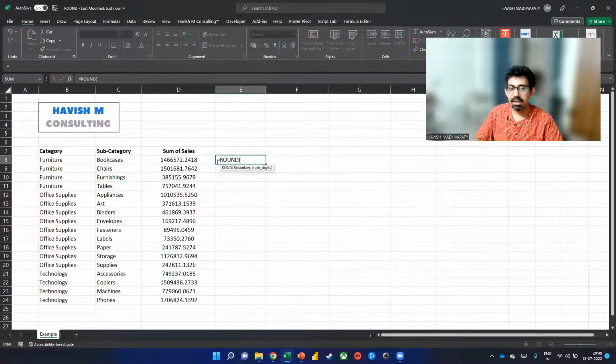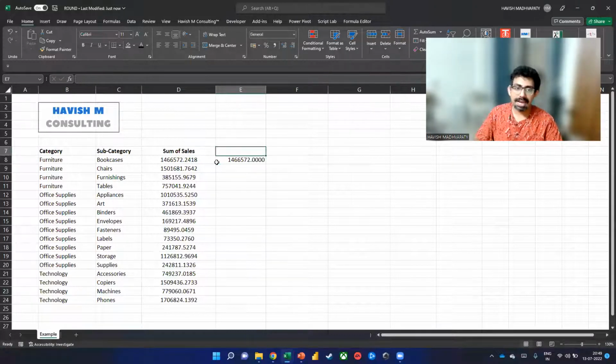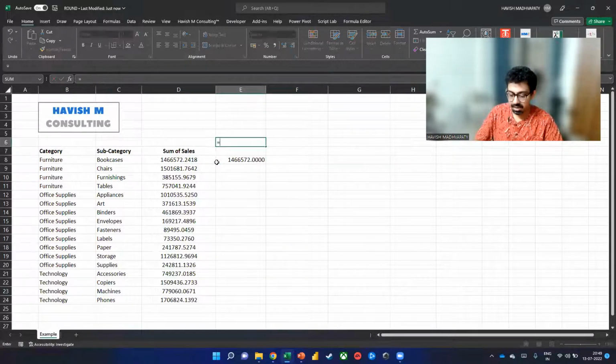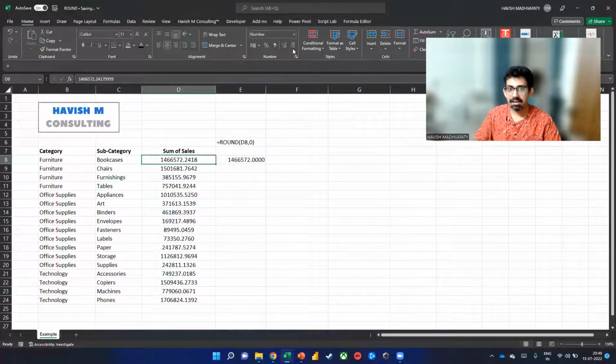Now, if I do a round here and I say comma 0, it basically removes the entire decimal component. Now, remember, this is not like going to the cell and hiding the decimal point because the underlying number is still the same. When you do a round, you're essentially changing the number for good.